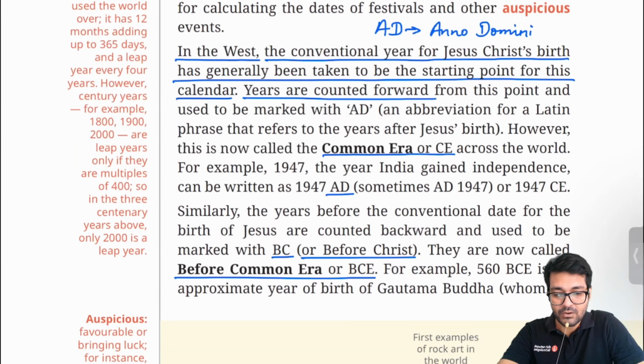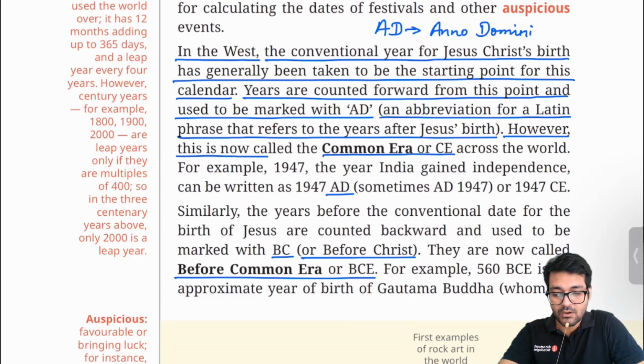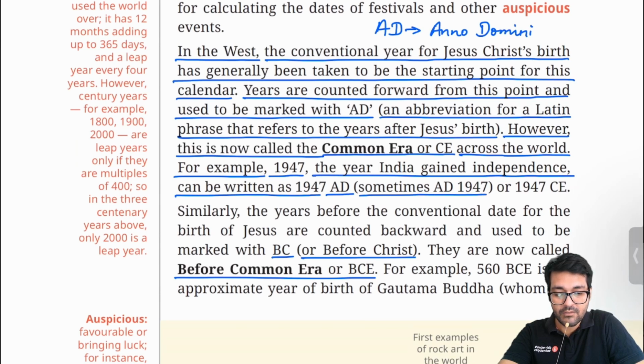Years are counted forward from this point and used to be marked with AD, an abbreviation for a Latin phrase that refers to the years after Jesus' birth. However, this is now called the Common Era or CE across the world. For example, 1947, the year India gained independence, can be written as 1947 AD, sometimes AD 1947, or 1947 CE.